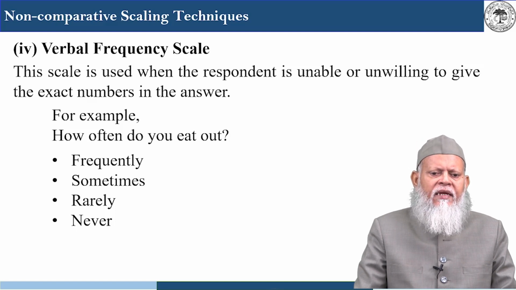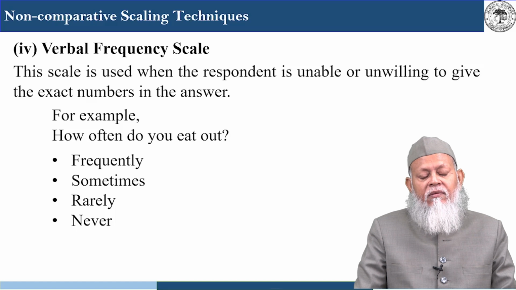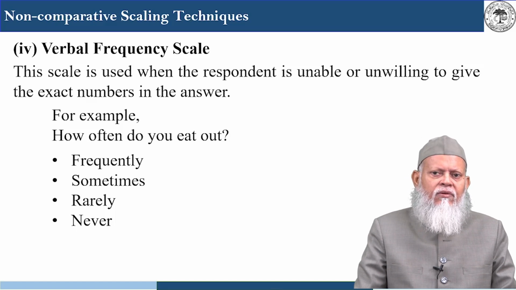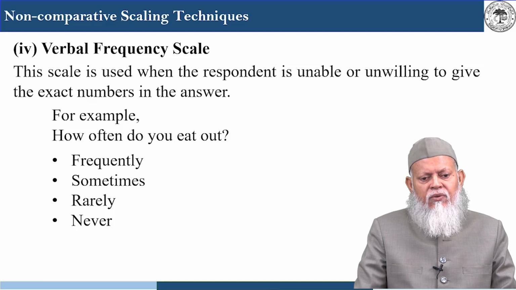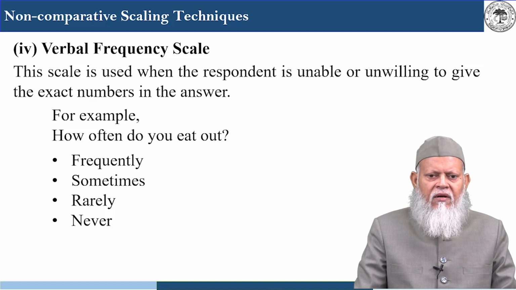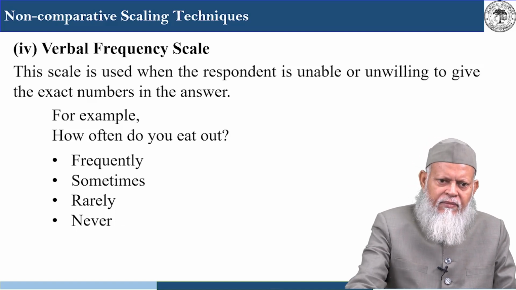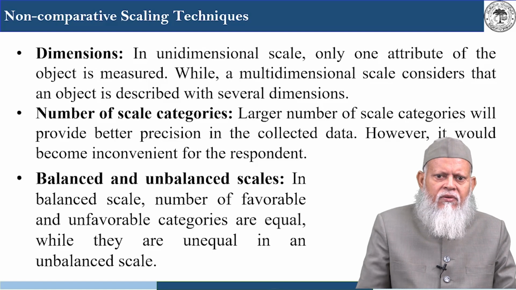Then, if he is unable to say in exact numbers, he can use this scale, that is verbal frequency scale: frequently, sometimes, rarely, never. That is the way we can ask the respondent when he is unwilling to give the exact numbers.